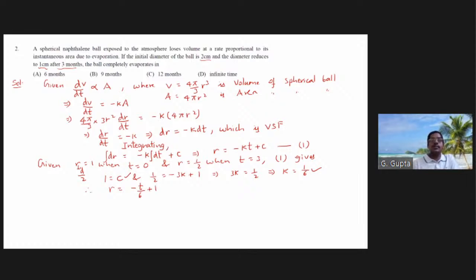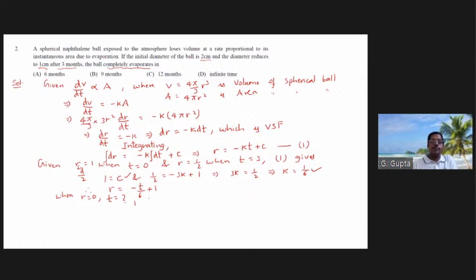Now they are asking when the ball completely evaporates. That means it is reduced to a point sphere, that is radius 0. They are asking in how much time: when r is equal to 0, time t is equal to question mark, which we are going to find.